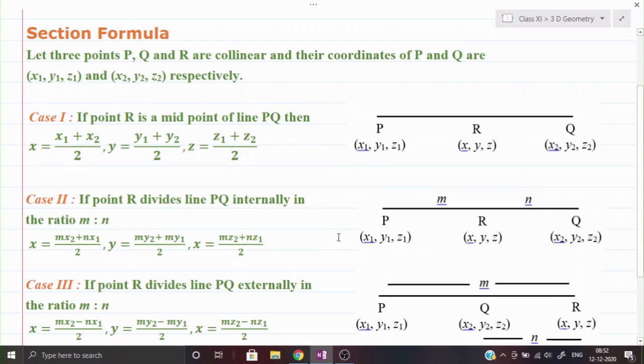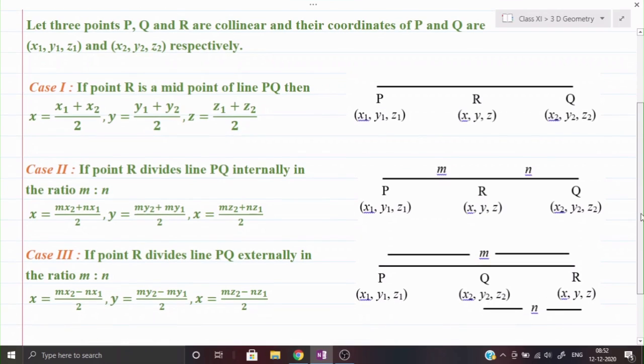Case number 2 is: if the point R divides the line PQ in the ratio m to n, and that is internal.